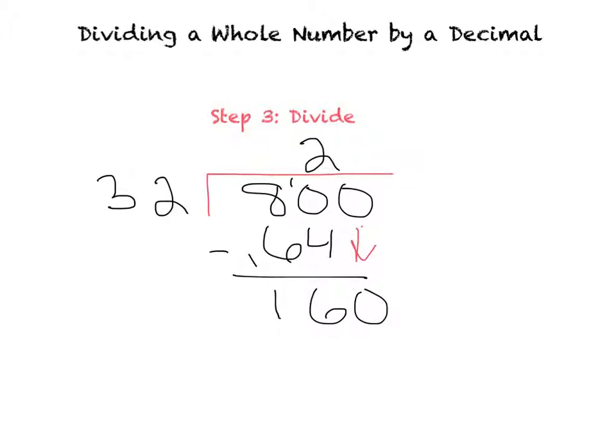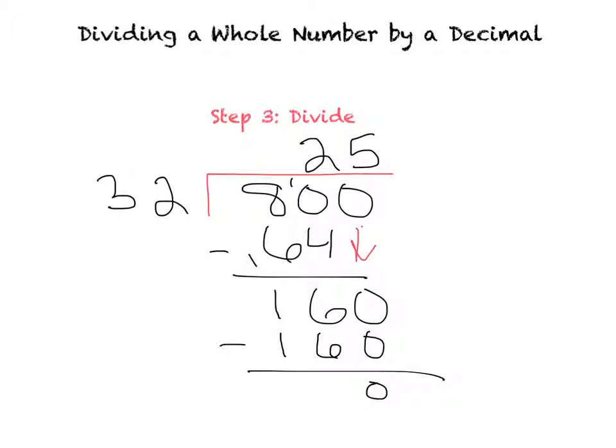And now, how many times does 32 go into 160? Well, I did a little math off to the side here at my desk, and I know it goes into 160 5 times. So I'm going to place that 5 directly over my 0, and now I'm going to multiply. 5 times 32 is 160. If I subtract, my answer is 0.